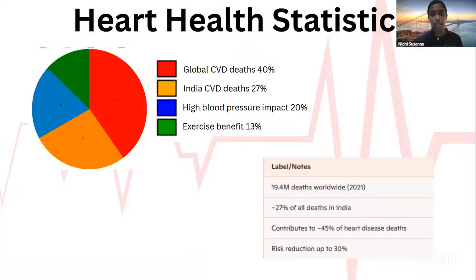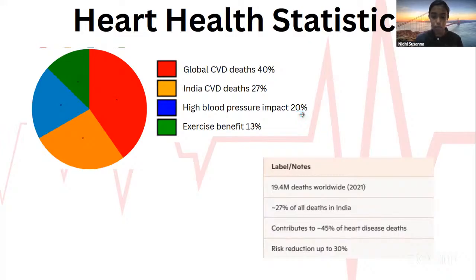Then we have the health statistics. CVD, known as cardiovascular diseases, is the leading cause of death worldwide, responsible for nearly 20 million deaths in 2021. In India, it accounts for about 27% of all deaths.